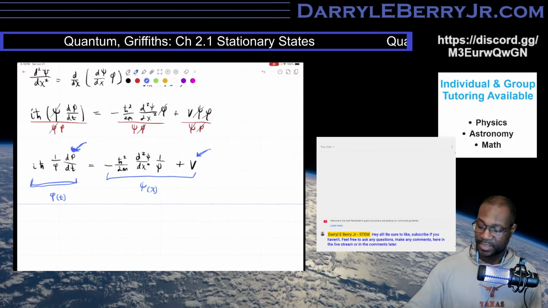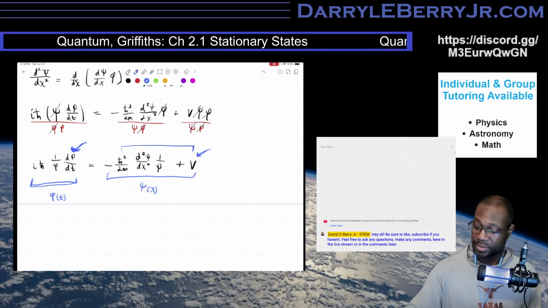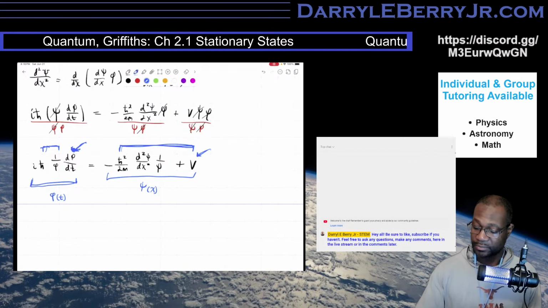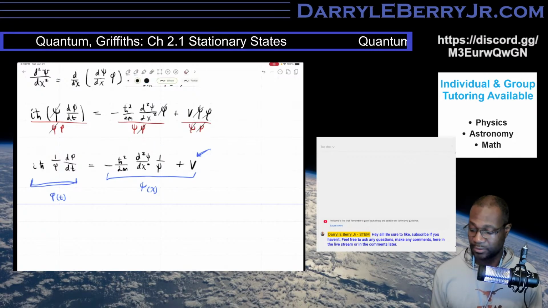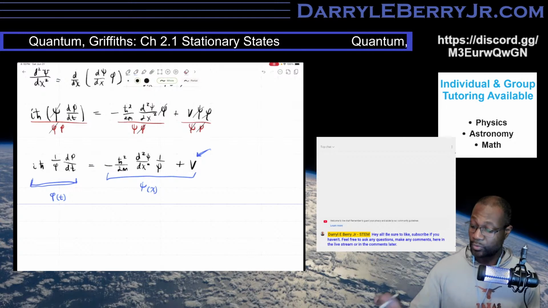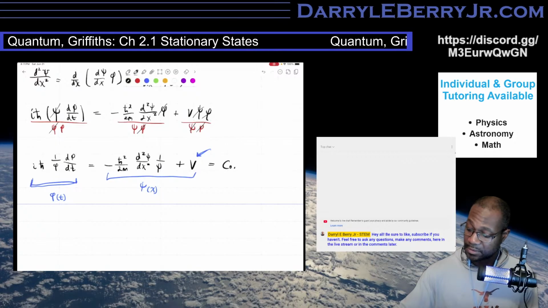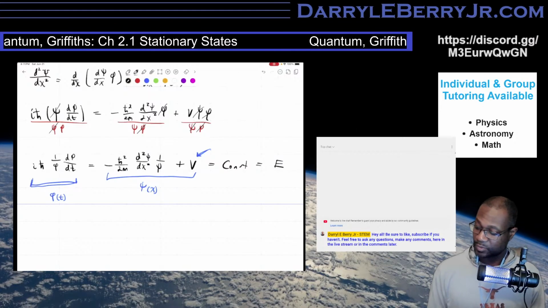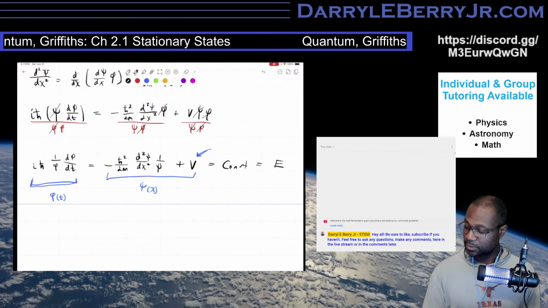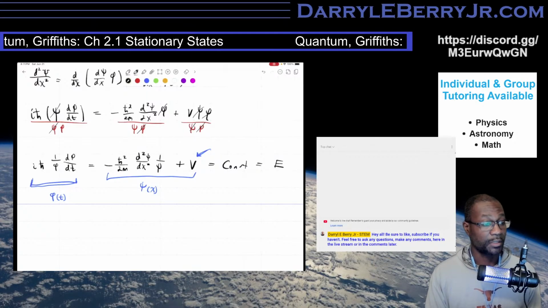And the same thing happens to the other side. Anything that happens here with position, if position doesn't change here, no matter what the left side is, it still has to equal the right side. So the only way that can happen is if both of these are constant, so that no matter what happens with position or time, they stay the same.